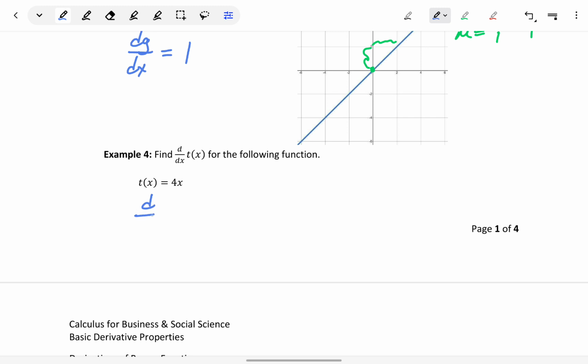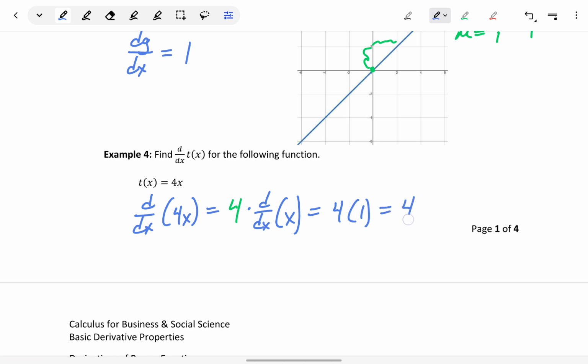Whenever we take the derivative, it only applies to the variable portion of each term, meaning if we have a constant factor, a coefficient like we do in this case of 4, we can set that value aside and rewrite this as 4 times d over dx of x. And we know that the derivative of x is always 1. So this will be 4 times 1, or just 4.